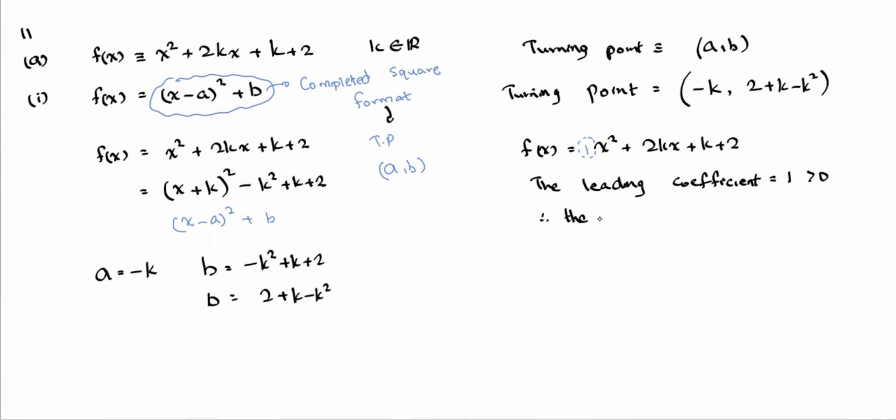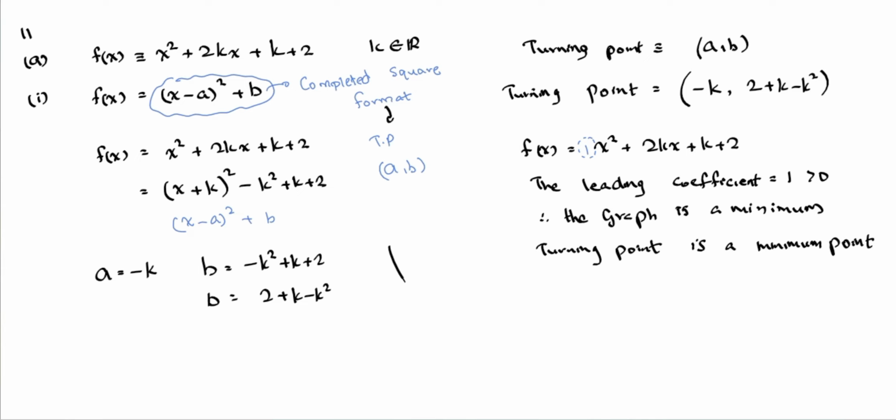Therefore the graph is a minimum graph, or else you can also write the function is a minimum function, which means a turning point is a minimum point. Okay, so the graph will look like this, with this being the turning point. If by any chance a is negative, the graph will look the other way around. Okay, that part is also done.